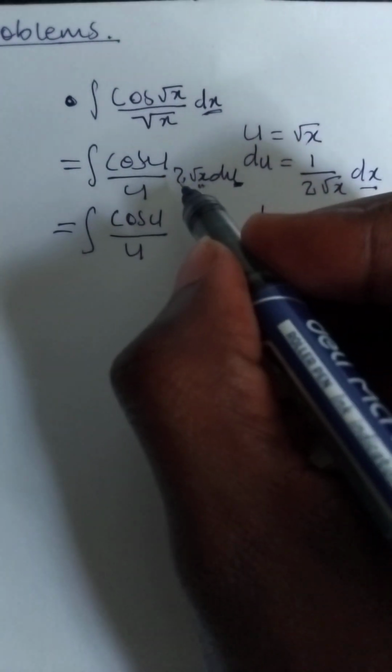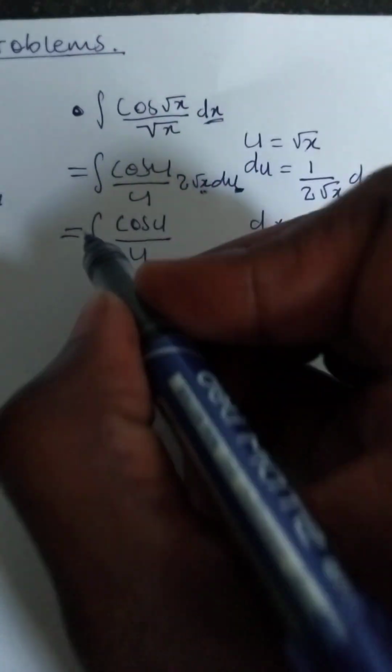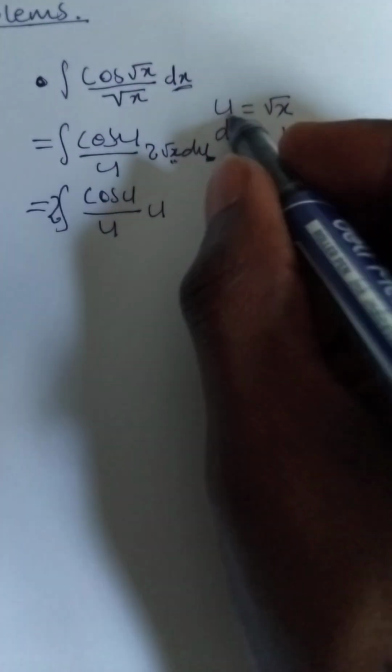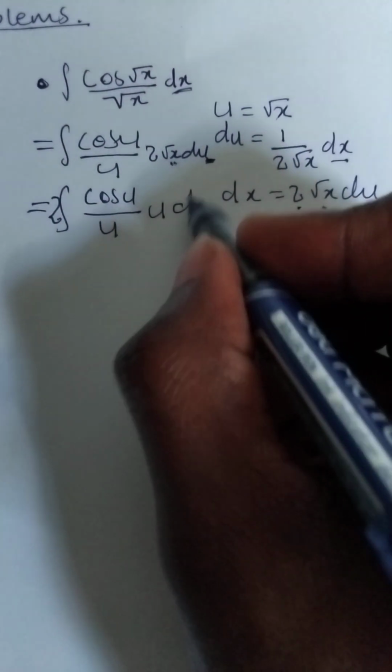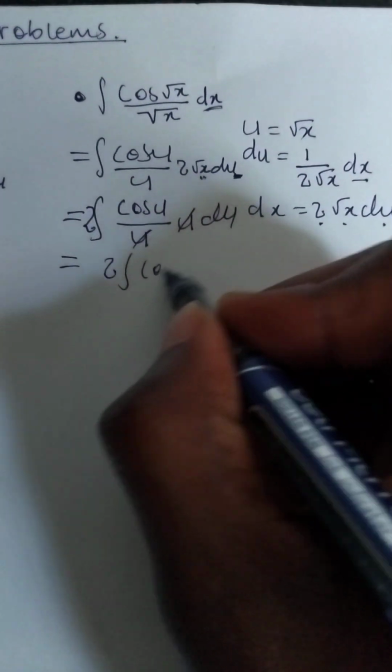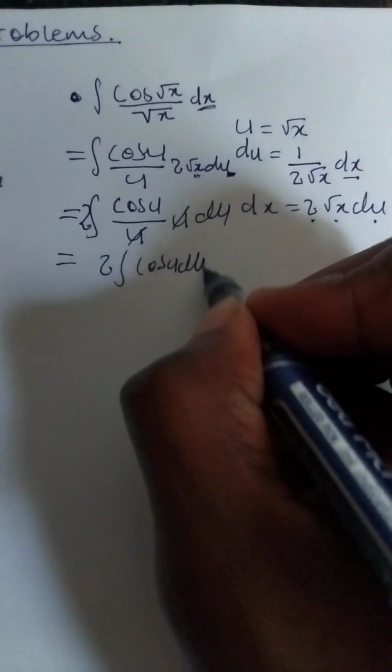So this 2 is a constant. I can choose to write it there since I'm not going to do anything to it. The root x, I said, is the same as u, since we let u be root x, then du. So this u and that one are going to cancel out. So you're basically integrating cos u du.